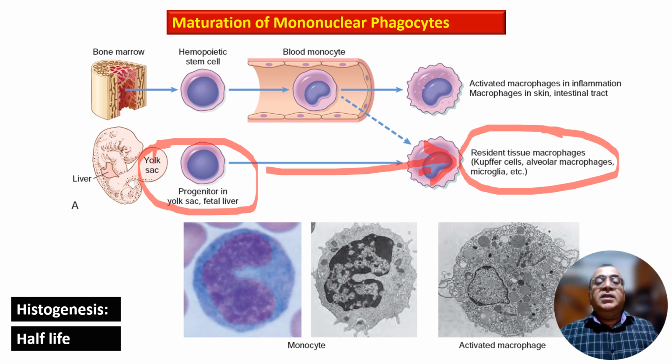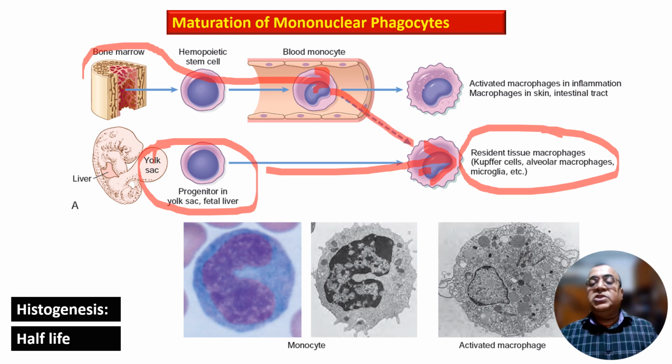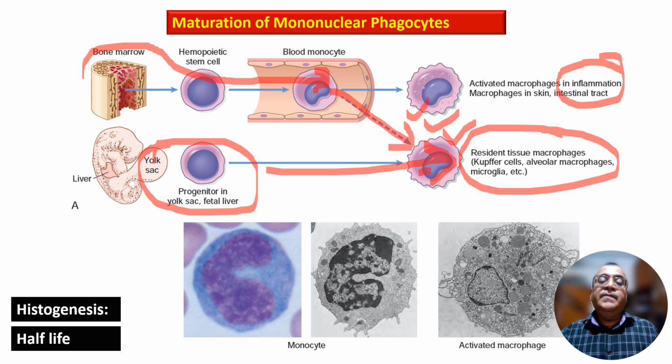Then the hemopoietic stem cell give rise to monocyte, and these monocyte can be used to replenish the decreasing number of the macrophage, or when there is inflammation present in the body, they are recruited from the circulation and transformed into the resident macrophages in the tissue, where they are actively involved in both the acute and chronic inflammation.